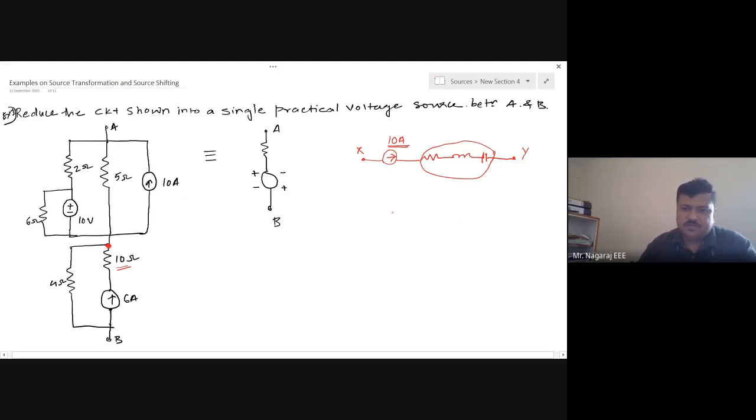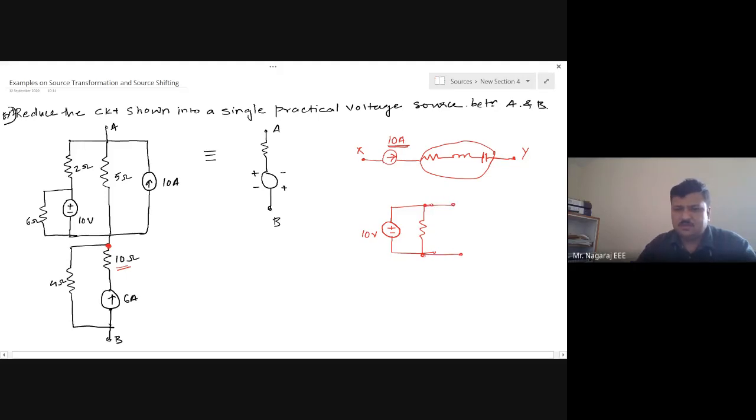whenever I have a voltage source, a resistor coming in parallel to the voltage source will become redundant. Why?